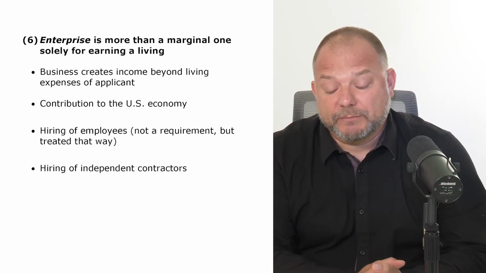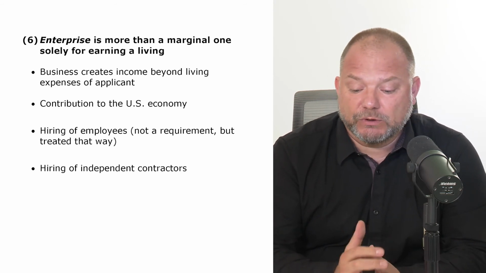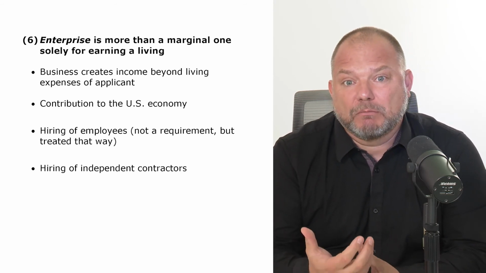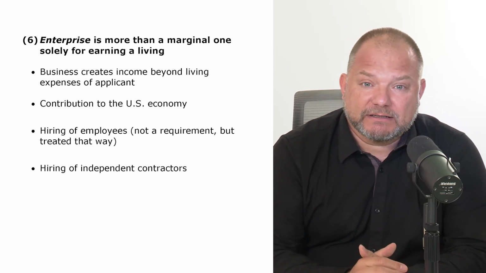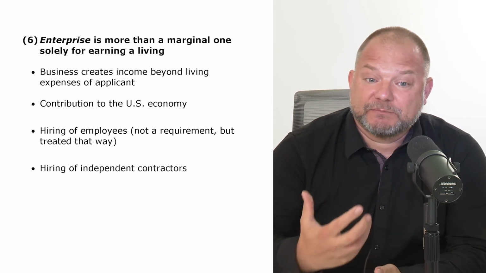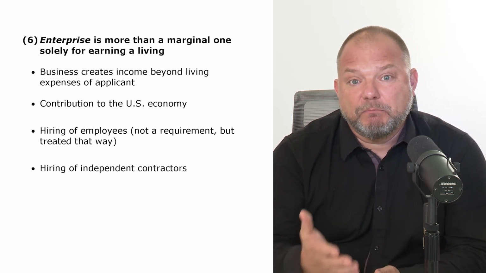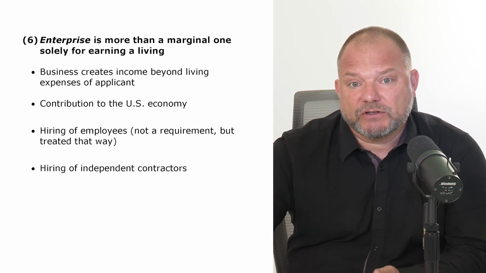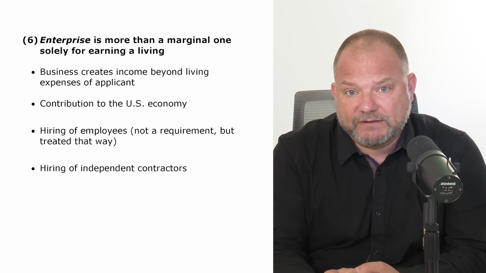So the 6th requirement, the enterprise is more than a marginal one solely for earning a living. That's the marginality test, which basically means the investment has to create so much income that beyond the living cost of the applicant and his family, there is a contribution to the US economy.